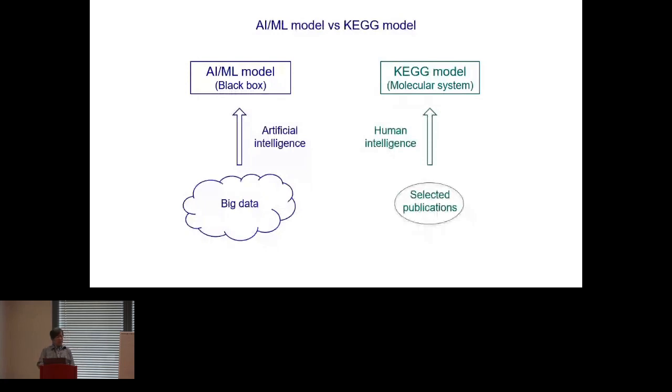So we select publications and what's written there about the many biological processes. We manually represent that in a KEGG pathway map, for example. So we think the KEGG model is a representation or a model of the real world in terms of the molecular systems, the molecular level, biological world.